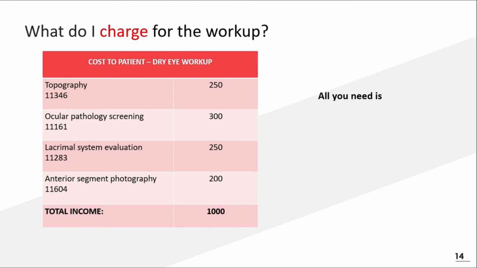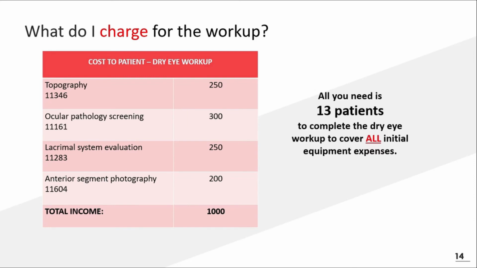Right, now this is where this gets really great and very fun. If you had a look at what your setup expenses were going to cost you, plugs excluded, we're just talking about the actual equipment expense, then all you will need is 13 patients to complete your dry eye workup in order to cover all of your initial equipment expenses.